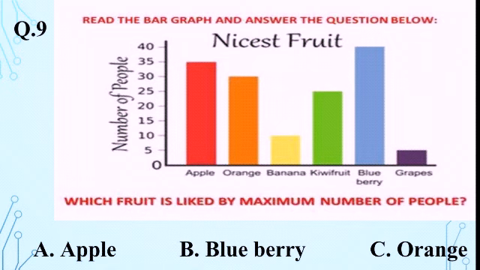Maximum number of people means which bar has the maximum height, that bar indicates how many people like the fruit. So you have to find the highest bar, and then find the name of the fruit that people liked most. So the options are option A apple, option B blueberry, and option C orange. So you have to find the answer.